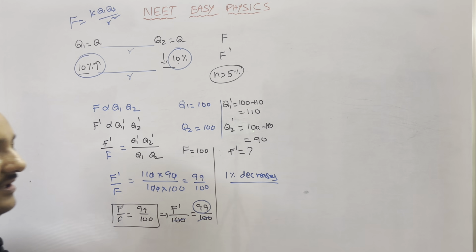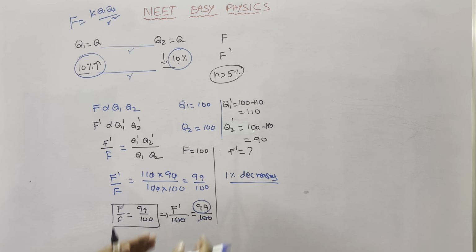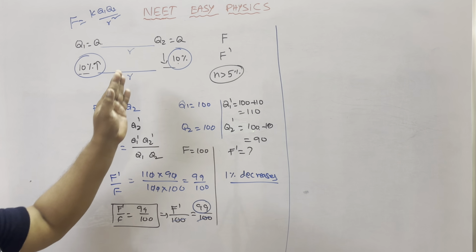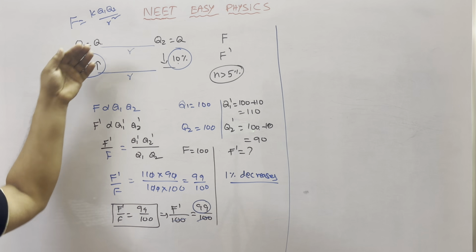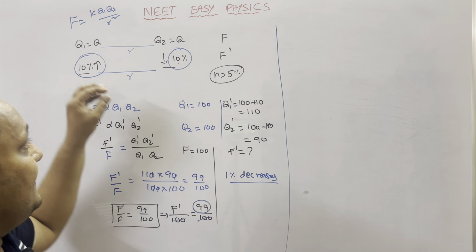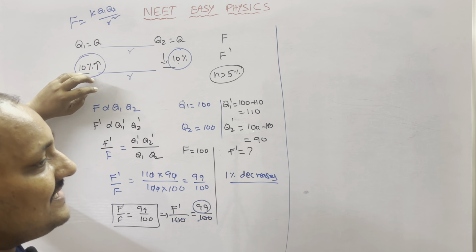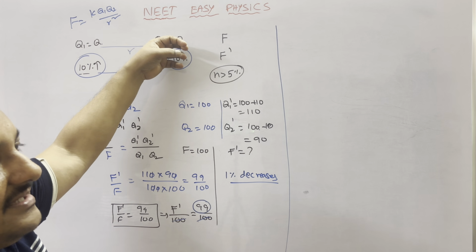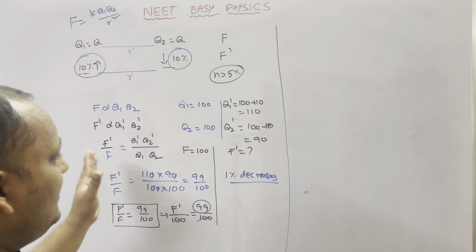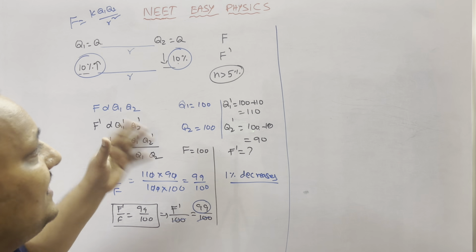You have to write 1% decreases. This one will be available in the options for you, isn't it? This is when one of the charges increases 10% and another charge decreases 10%. Okay, the same question you can do with one charge increasing 20% and another charge decreasing 10%. Like that, repeatedly, if you do these percentage problems, you will definitely get it.